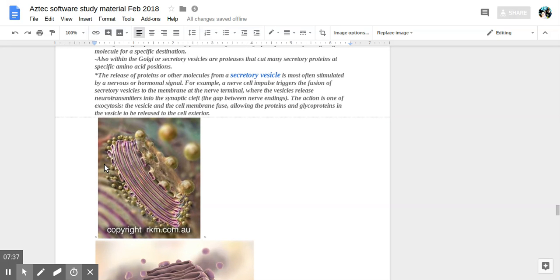The action is one of exocytosis. The vesicle and the cell membrane fuse, allowing the proteins and glycoproteins in the vesicle to be released to the cell exterior.